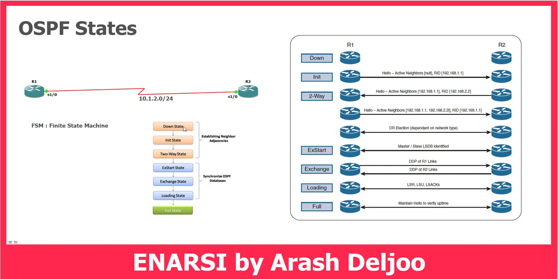Let me explain the function of each state, and why we reside in the down state, init state, and so on. The first three states are related to the adjacencies or neighborship. After that, we complete the link state exchange.